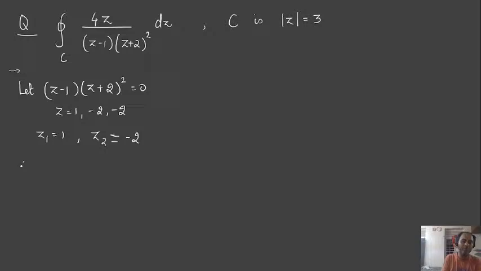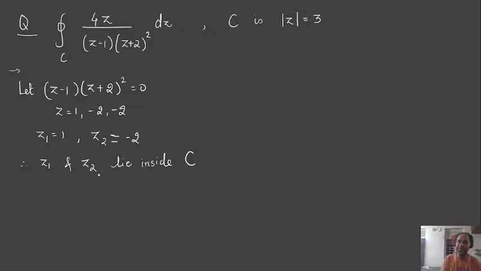Okay. So both z1 and z2 lie inside C, right? I'm not doing the basic verification here because these are simple numbers. If they are complicated complex numbers, then you can check whether they are inside C or not.